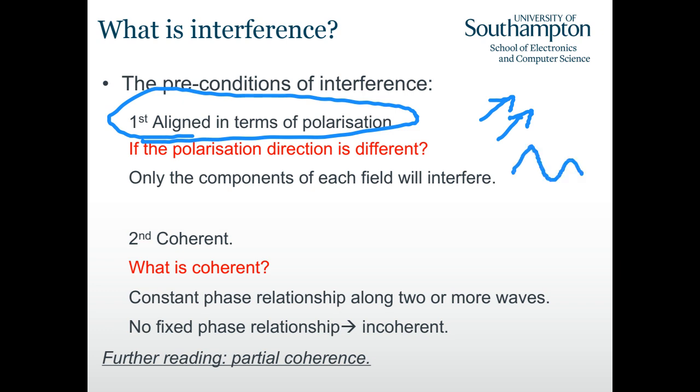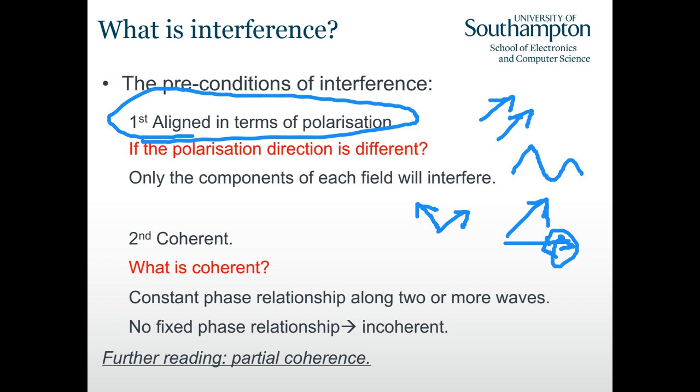If two waves have orthogonal directions, they wouldn't act together, they wouldn't interfere. If two directions are at an angle to each other that is not orthogonal, then the projection of the first wave would interfere with the second wave.